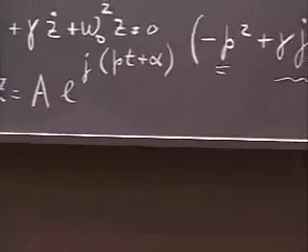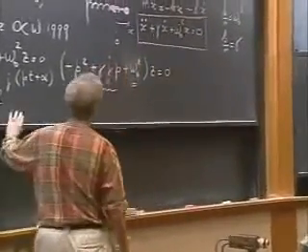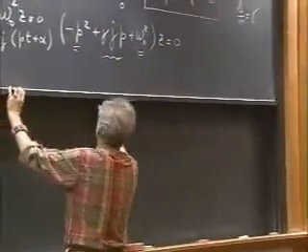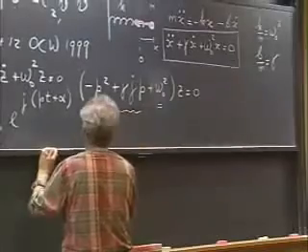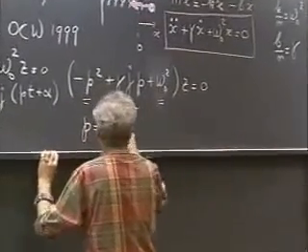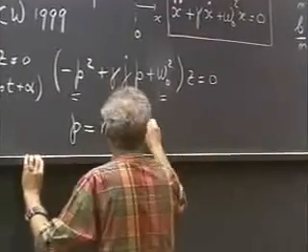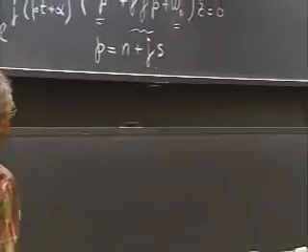Therefore, p itself must be complex. And so we're going one step further, and we're going to say the only way that we could make this work is if p equals n plus js, whereby n and s, let's hope, are real.